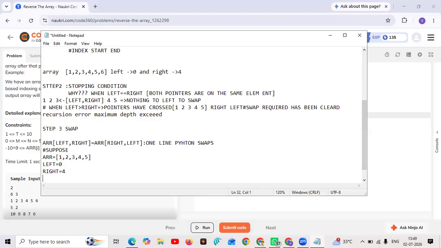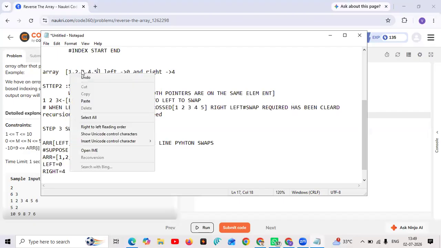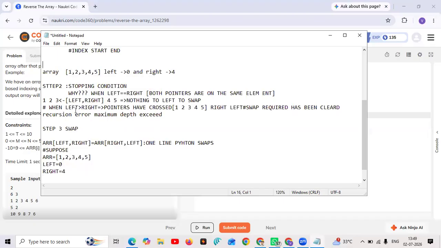Remove this element 6, so there are 5 elements, and left is 0 and right is 4.